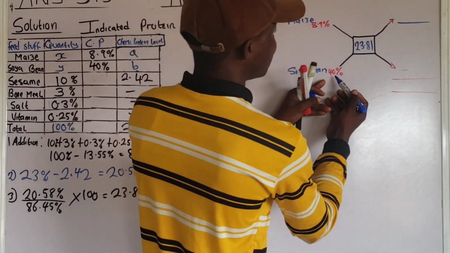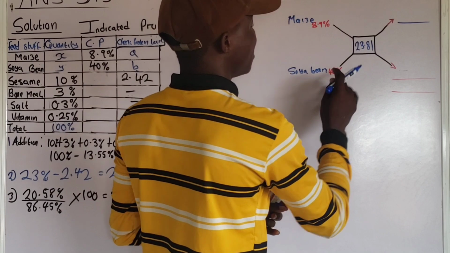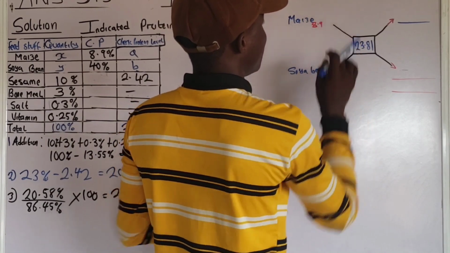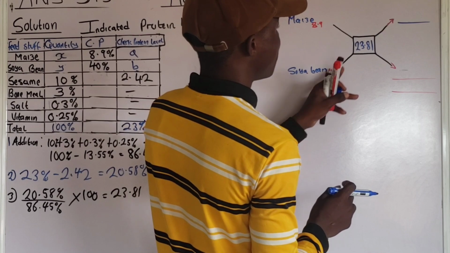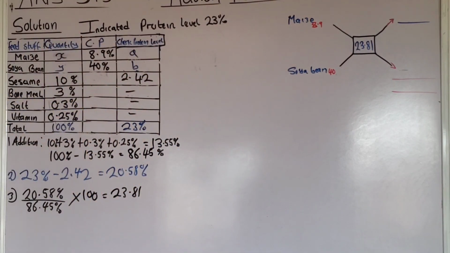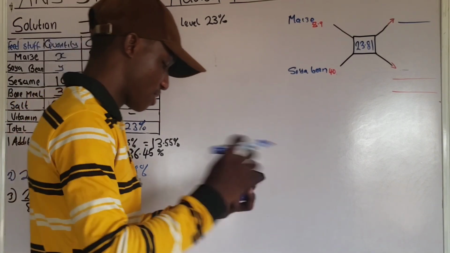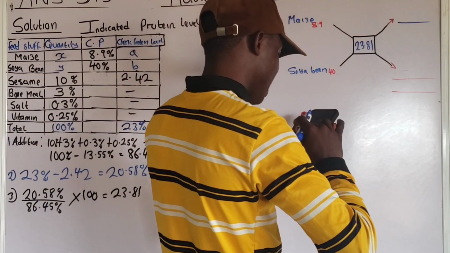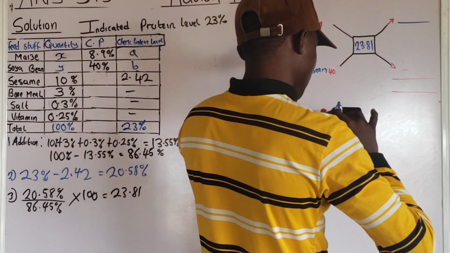Okay, so 40 minus 23.81. Don't let me put percent, let's just use the numbers. Let me use my calculator. 40 minus 23.81 is 16.19.